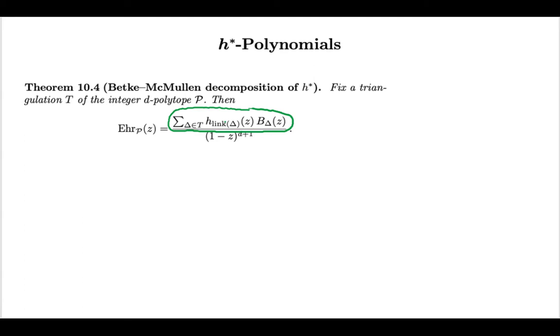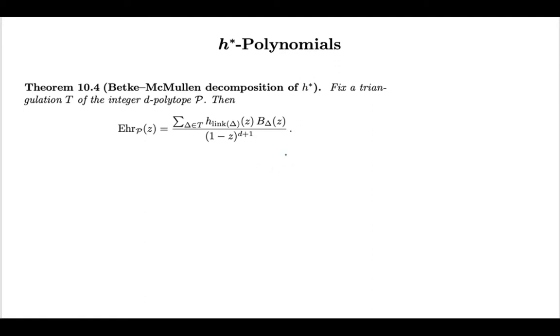So this is not as clean as the situation with unimodular triangulations, but again, unimodular triangulations are very special. On the other hand, we know that any polytope has a triangulation, and so this theorem really has no condition other than the polytope being an integer polytope.